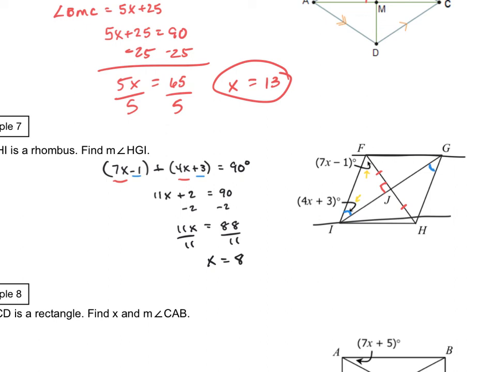So we can also use corresponding parts of congruent triangles to find that out, but we know that angle HGI is equal to 4x plus 3, which is equal to 4 times 8 plus 3, which is 35 degrees. So there you go. HGI is equal to 35 degrees.